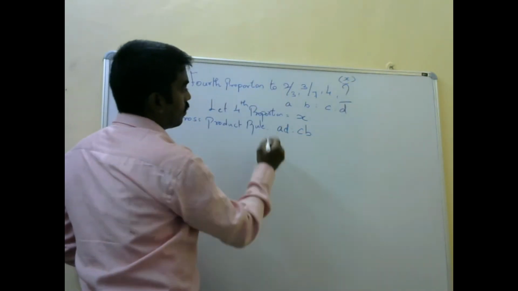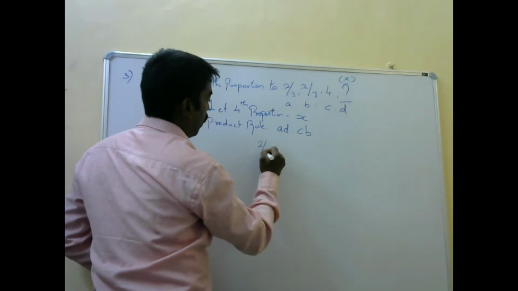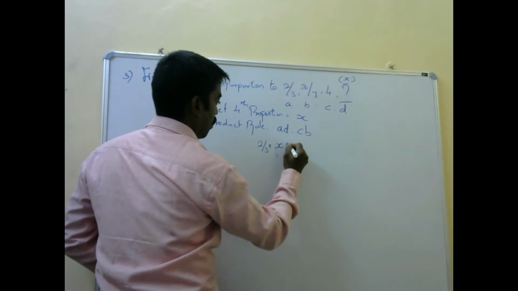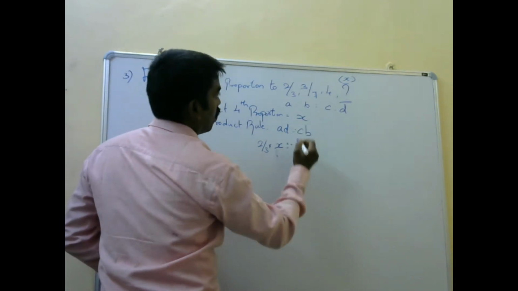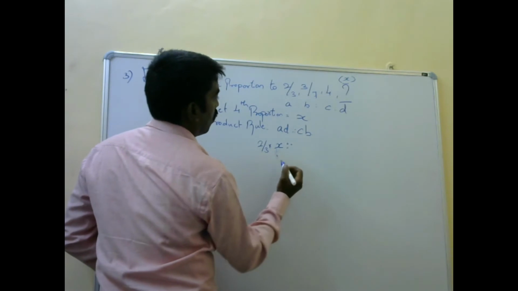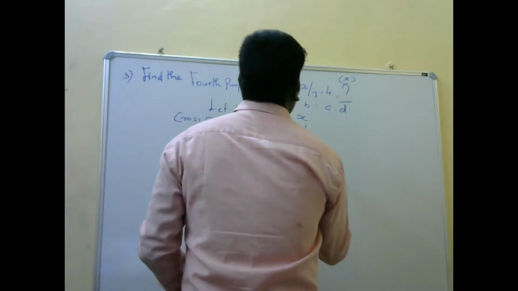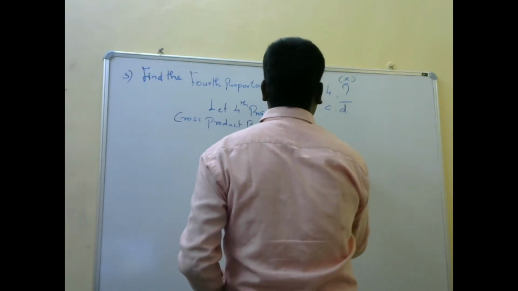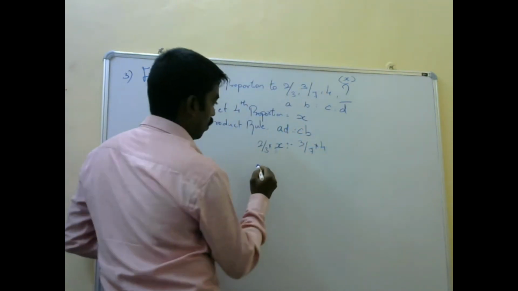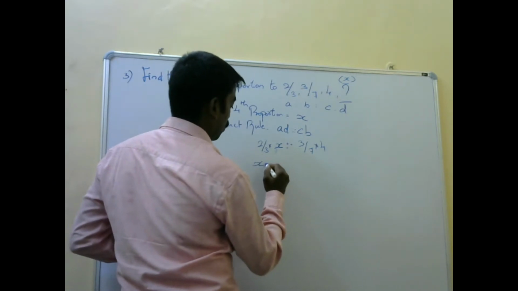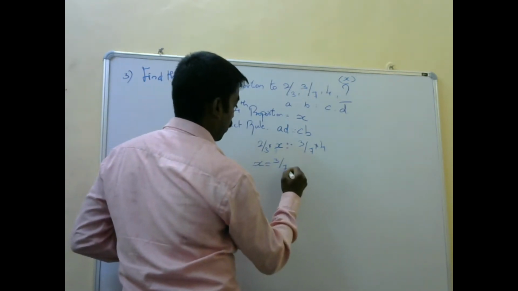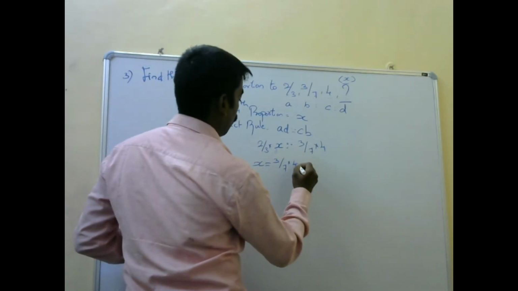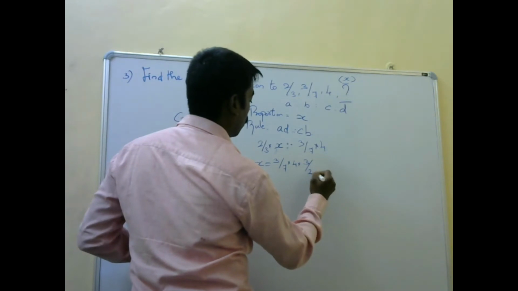So AD is nothing but 2 by 3 into x, equal to 3 by 7 into 4. So x is equal to 3 by 7 into 4 into 3 by 2.